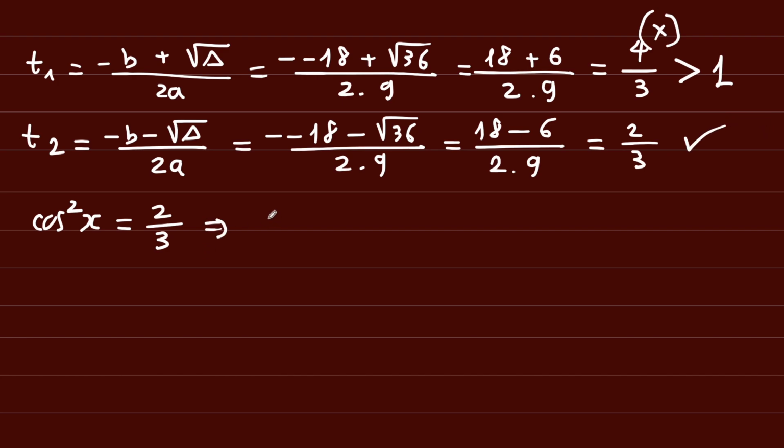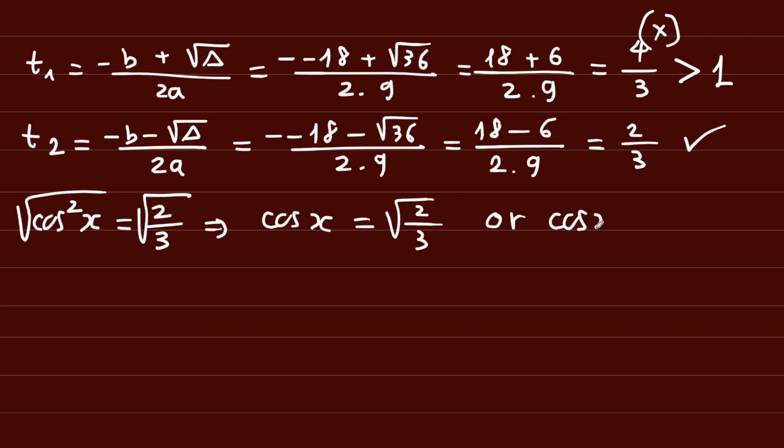And this is based on taking the square root of the left and the square root of the right. You will have two solutions. The first one corresponds to the positive and the second one corresponds to the negative square root of 2 over 3. For the first, you get cos x equal to the square root of 2 over 3.